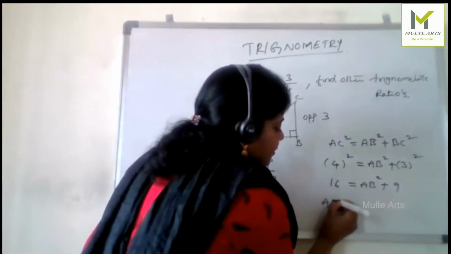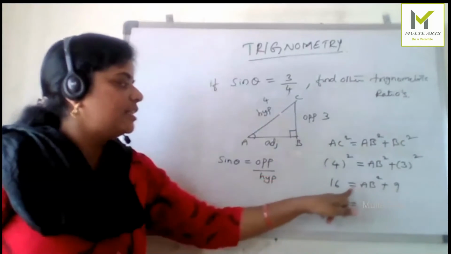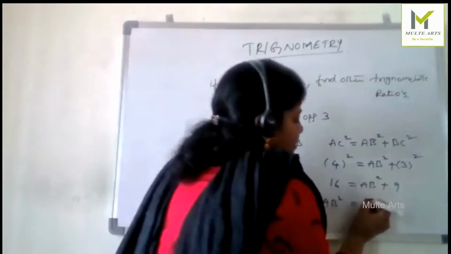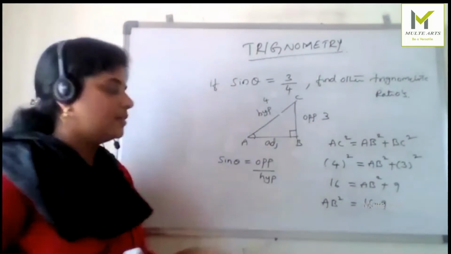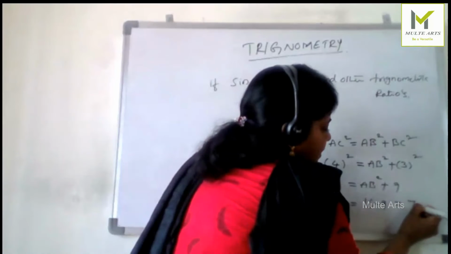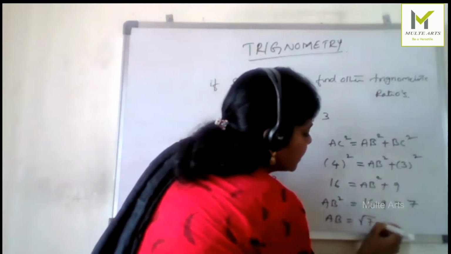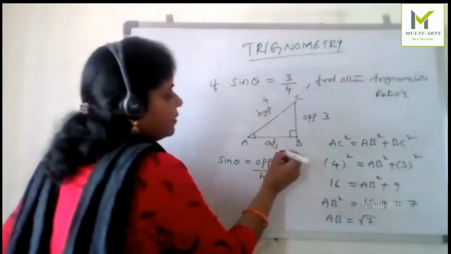Taking 9 to the left hand side, it becomes minus 9. So 16 minus 9 is 7. So AB square value is 7, and AB would be square root of 7.